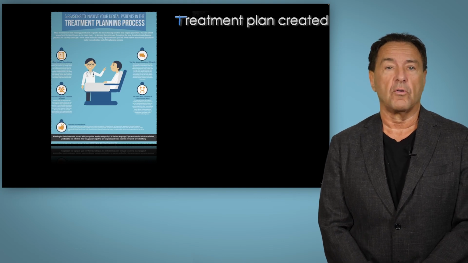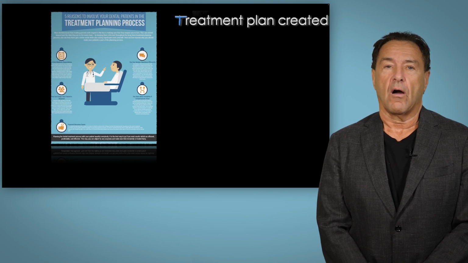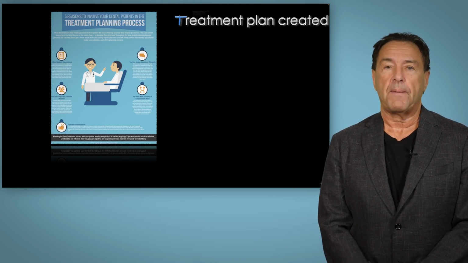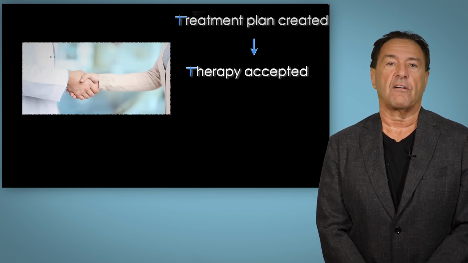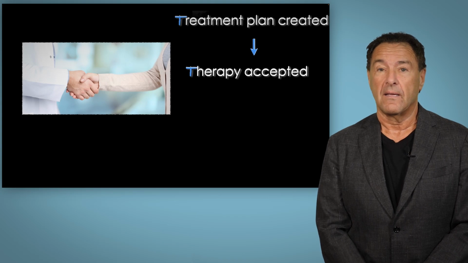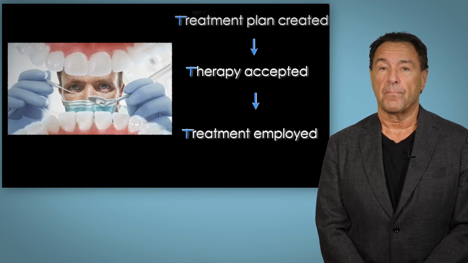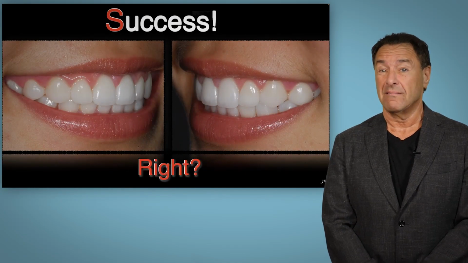And you will go through the various options with your patients, and hopefully after a nice discussion, the patient then accepts one of those plans. So therapy will be accepted. And then off you go and do the treatment. Well, that should create success, right?